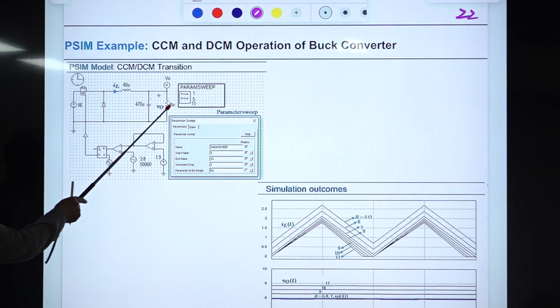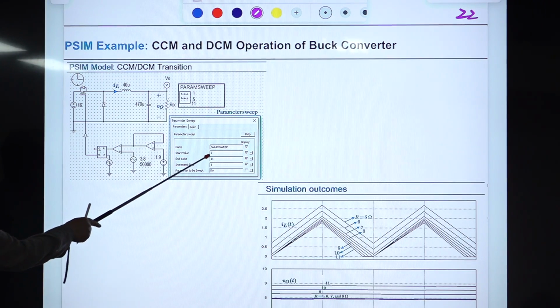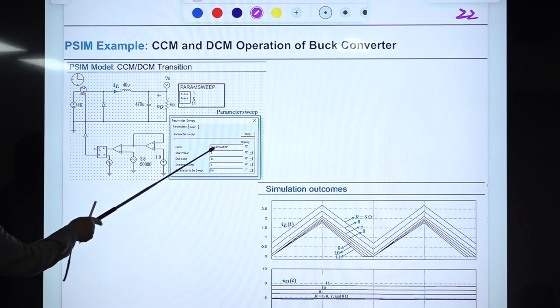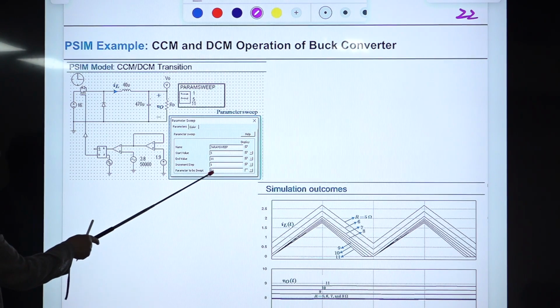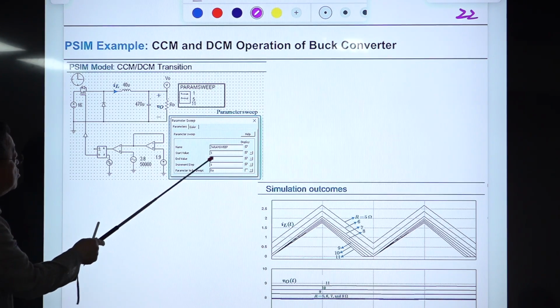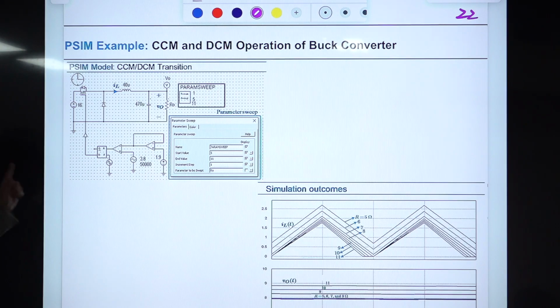Here we are changing R, the start value is 5 and the final value is 11, and the increase step is this one. The parameter to be swept is R, so don't type it here, you should type it here. R is changing from 5 to 11 by steps of 1 ohm.